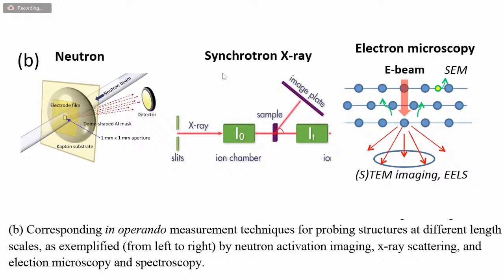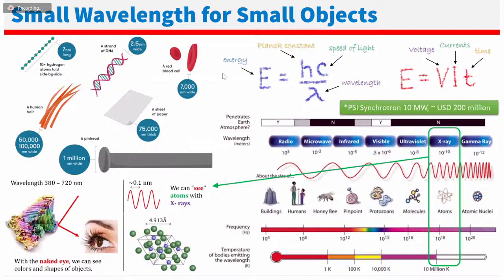For example, this is the neutron, and then the synchrotron, as already explained by the first speakers, and maybe also the electron beam. What we want to see is actually still the same: the material that cannot be observed by eye. If we say that is the micrometer, we can still see it by SEM, for example.